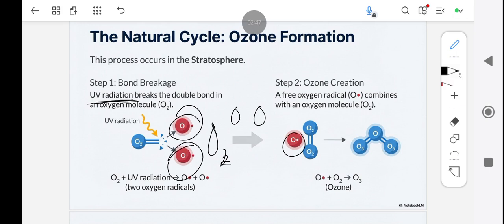So this first O combines with the double bond of oxygen and forms a triple bond to form the ozone layer. So the UV radiation is actually useful in some sense. It's useful in breaking down the oxygen in the air we breathe and combining it with a double bond of oxygen to form a triple bond of ozone. So without the UV radiation, we cannot have the ozone.